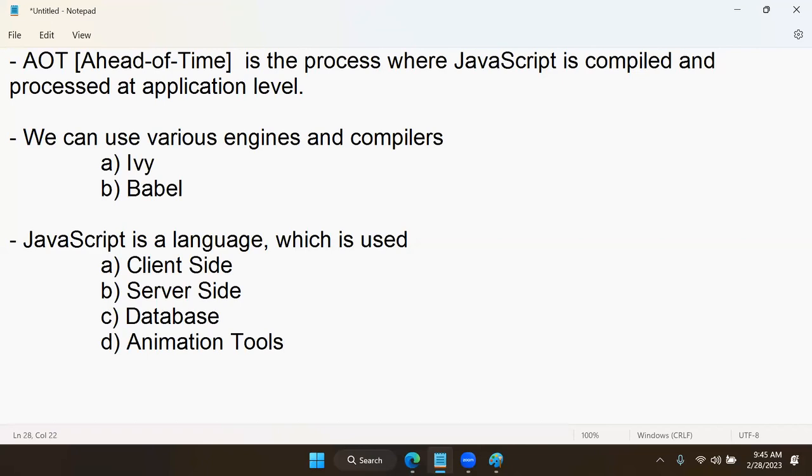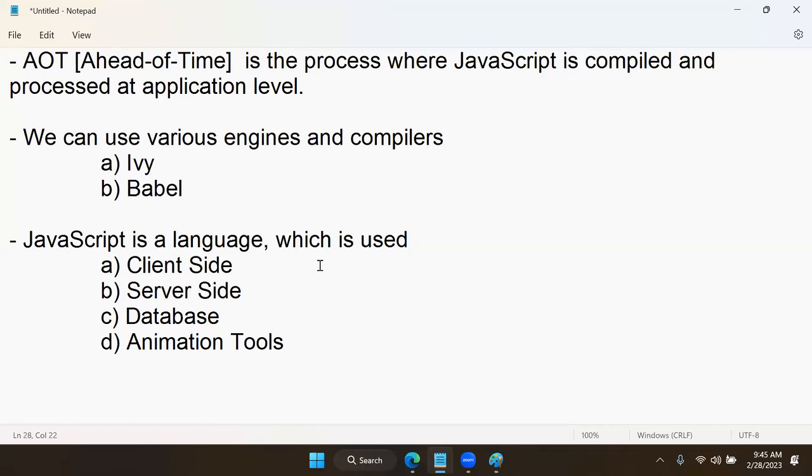So don't put a badge on JavaScript that it is a client-side script, which many people do. Because many people learn JavaScript as a client-side script, they put that definition on it. That is the wrong idea so many people still have. JavaScript is not a client-side script.